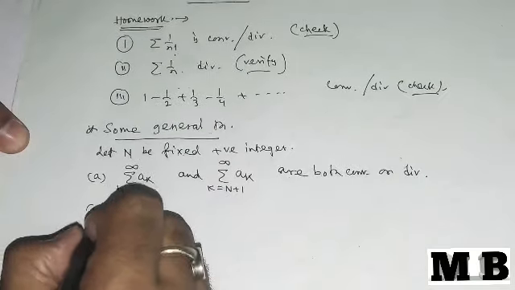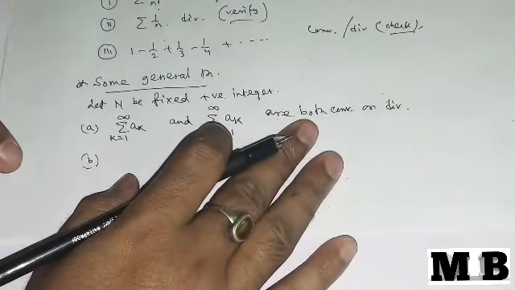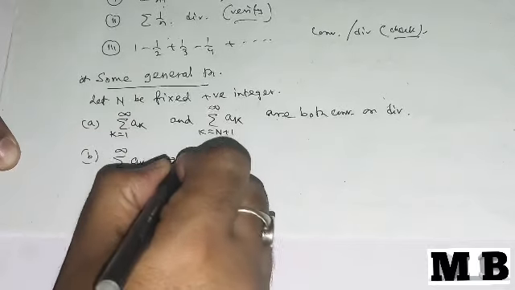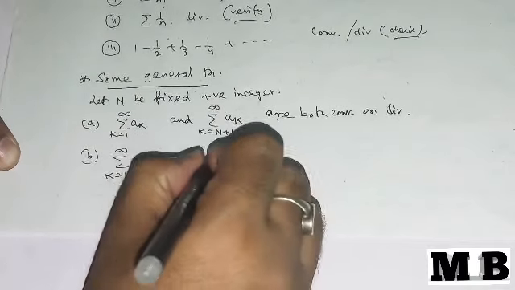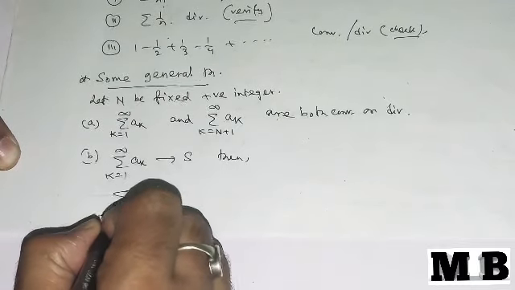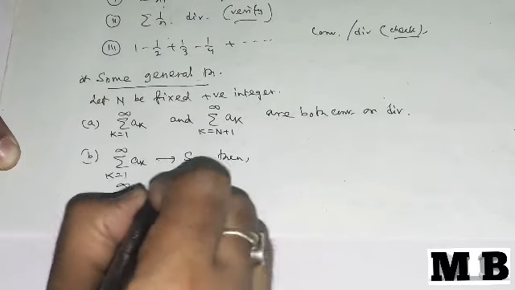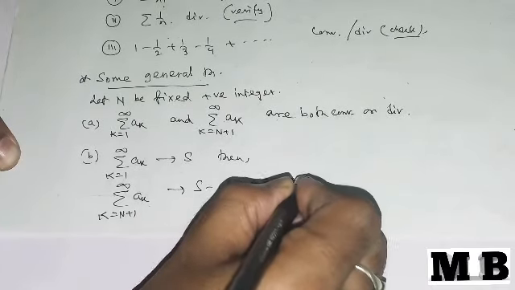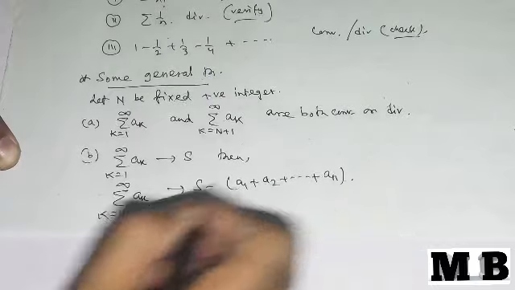Second general theorem: suppose the series of a_k, k runs from 1 to infinity, converges to S. Then the series of a_k where k runs from n plus 1 to infinity converges to S minus the first n terms, a_1 to a_n.